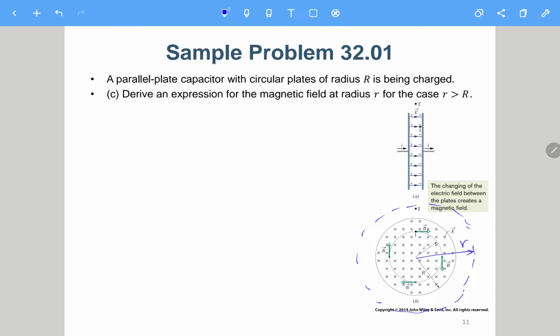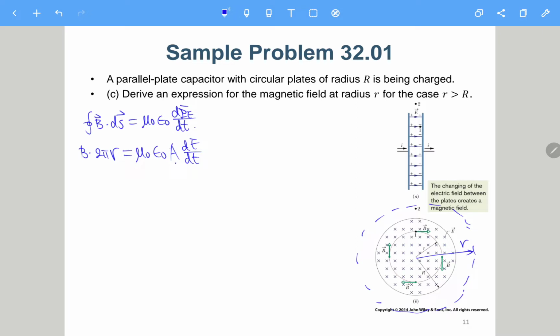Actually we also apply Maxwell's law: mu naught epsilon naught d phi_E/dt. On the left side it is still B times 2 pi r, so nothing special on the left side. And on the right side it is still mu naught epsilon naught times A dE/dt.